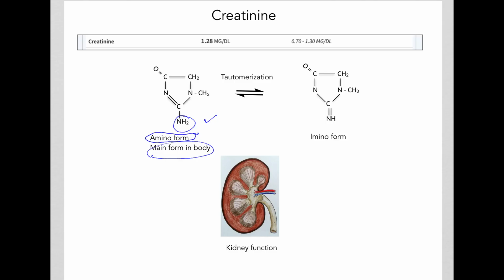The other form is the imino form, shown here. You can see from these structures that it is very rich in amine groups. And the normal serum creatinine in a healthy individual is about 1 milligram per deciliter.